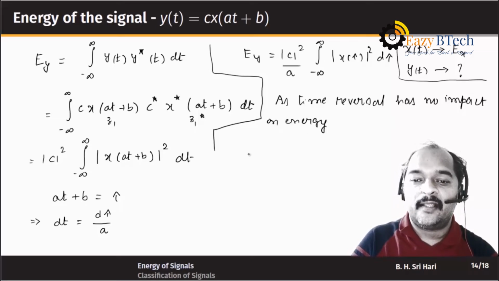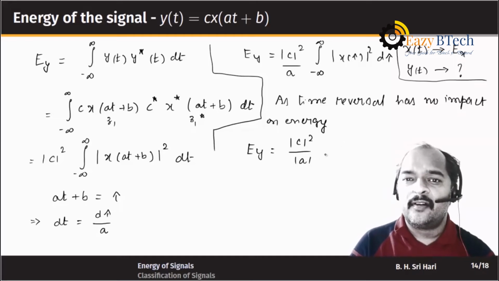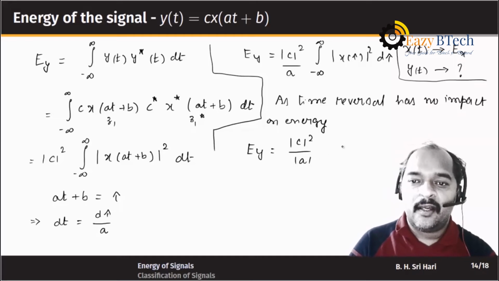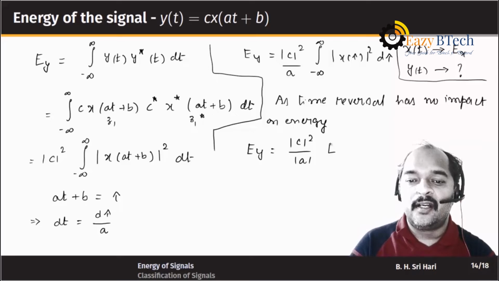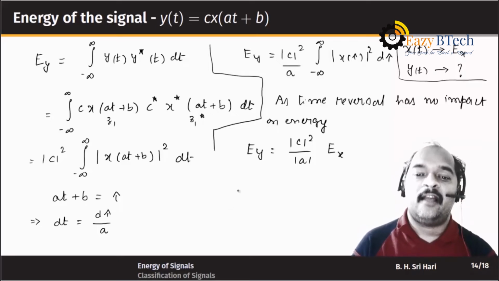So we can replace Ey with, how much? Modulus of c whole square by modulus of a. If a is negative also, it doesn't have impact, and hence we'll take the modulus of a. The integral from minus infinity to infinity of modulus of x of tau whole square d tau is nothing but the energy of the signal x of t.